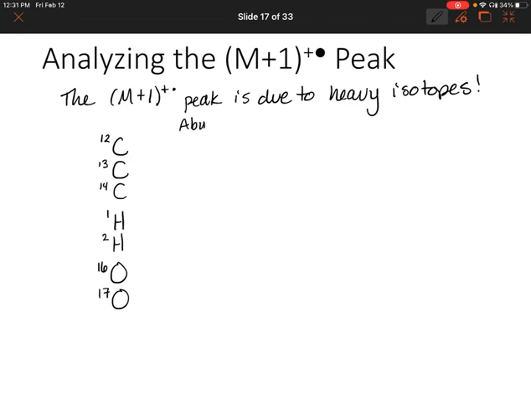All right, so let's look at the abundance of these isotopes. Out in nature, carbon-12 is the most abundant isotope for carbon, present at about 98.9%. Carbon-13 is present at about 1.1%. And carbon-14, there's really only trace amounts in nature.